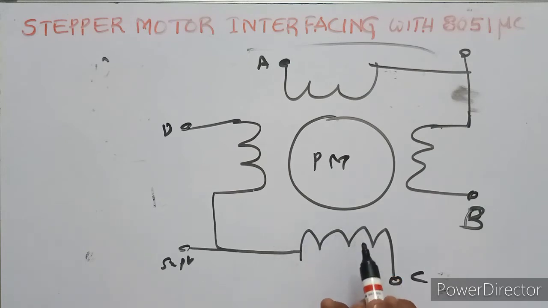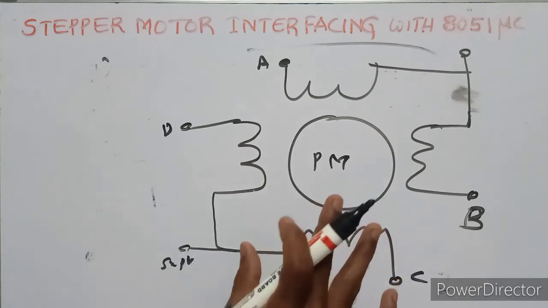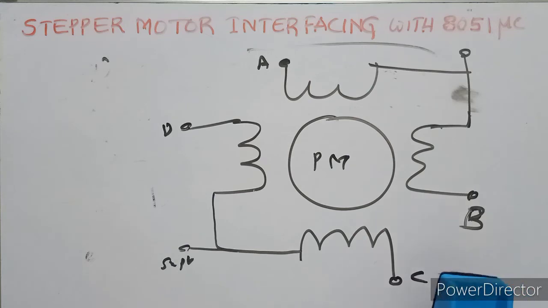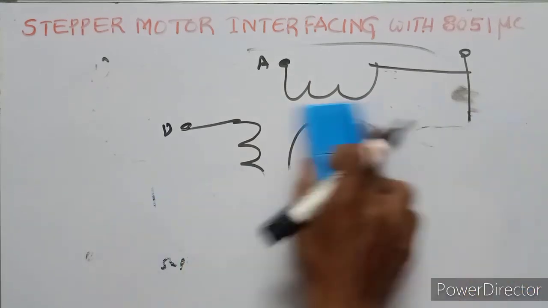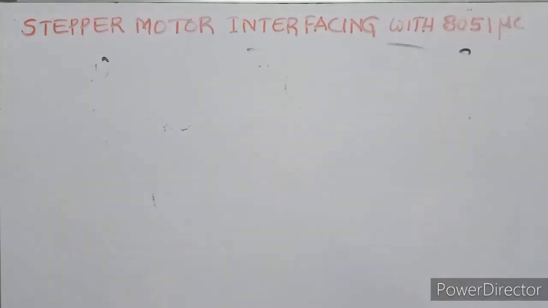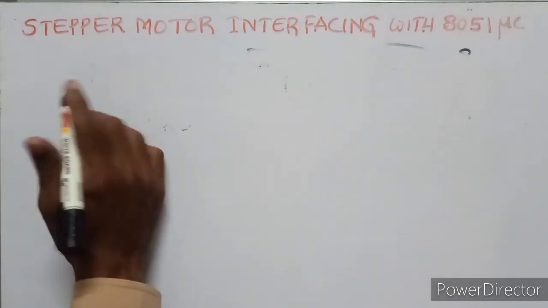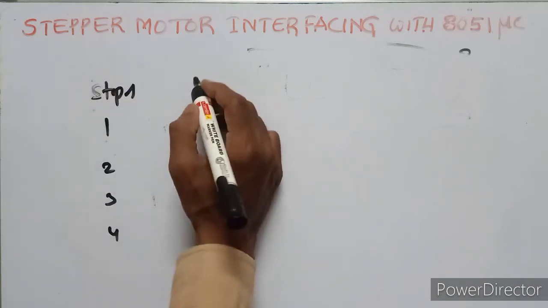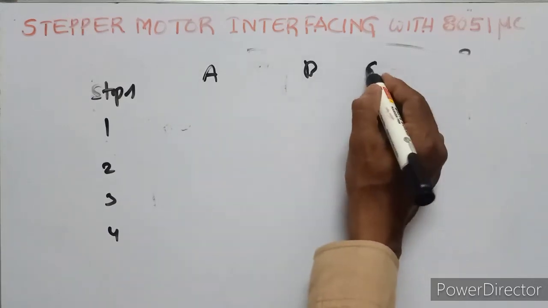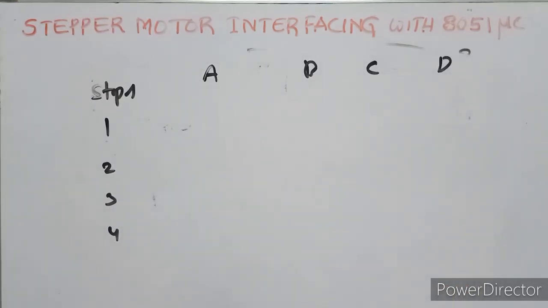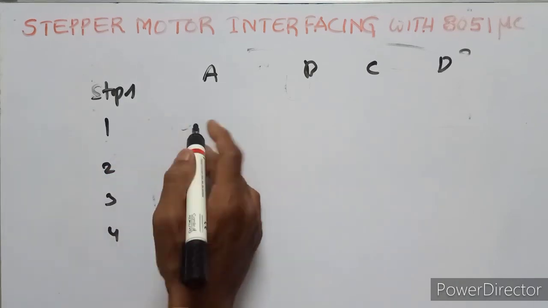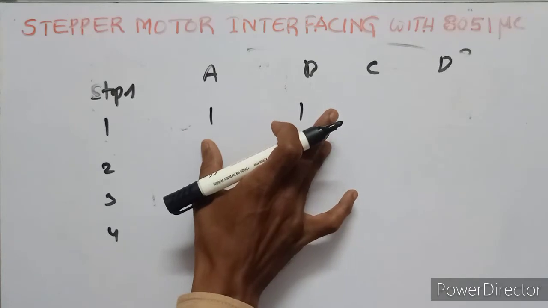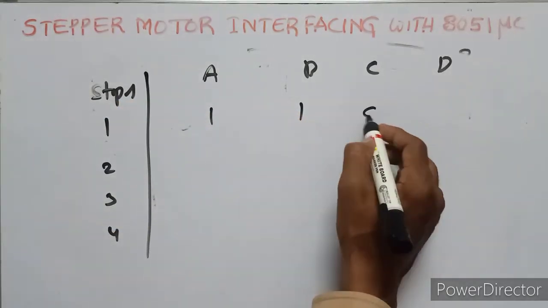As the sequence of power is supplied to the stator windings, it is represented by a truth table. Here are 4 steps, 1 2 3 4, for winding A, B, C, D. In step 1: 1 1 0 0.